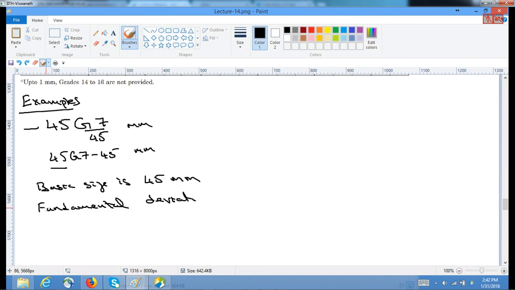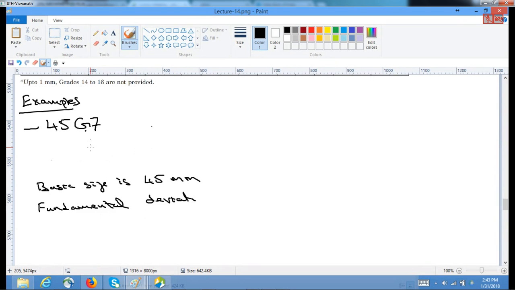Sorry, I think I have messed it up a little bit. It is mentioned as G by 7. So let's say it is 45 G7.